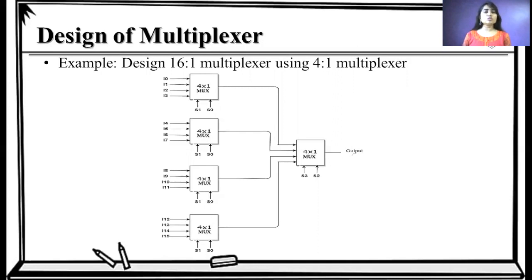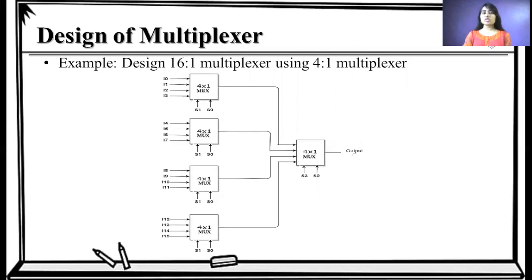The output of this 4 cross 1 multiplexer can be given to another 4 cross 1 multiplexer, and here we use selection lines S3, S2. So using this we can design a 16 cross 1 multiplexer using 4 cross 1 multiplexers.